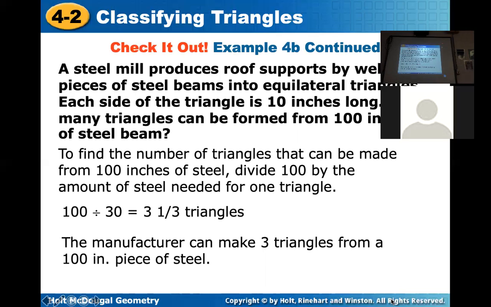Remember, this line extends. This is a line we're talking about. So we know that angle 3 is congruent to angle 5 because of the alternate interior angles here.